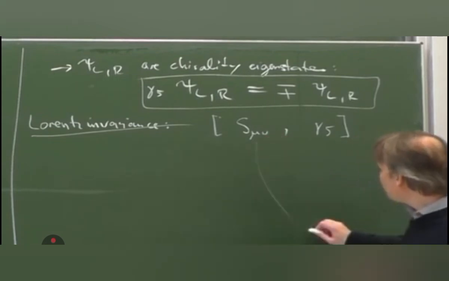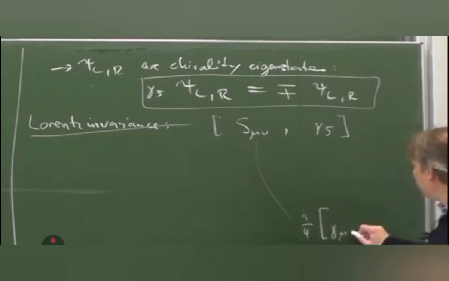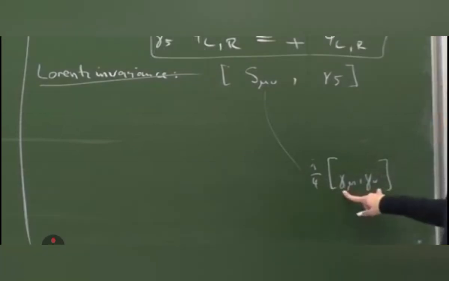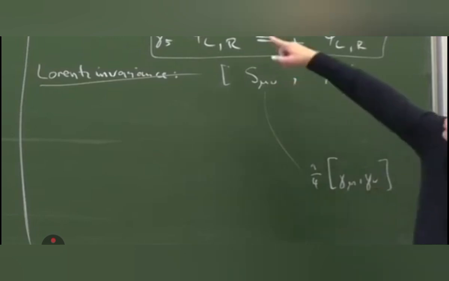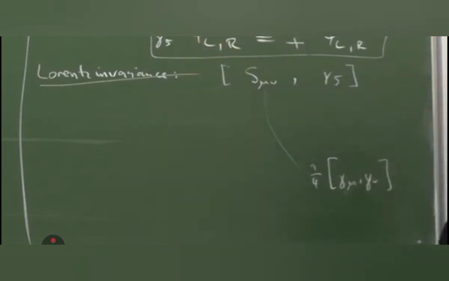If you remember, S mu nu is i over 4 times the commutator of gamma mu and gamma nu. So each term is a product of two gammas. And for each gamma, we know that gamma mu and gamma 5 anti-commute.